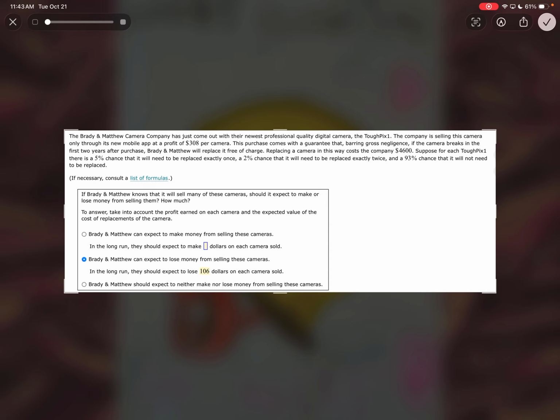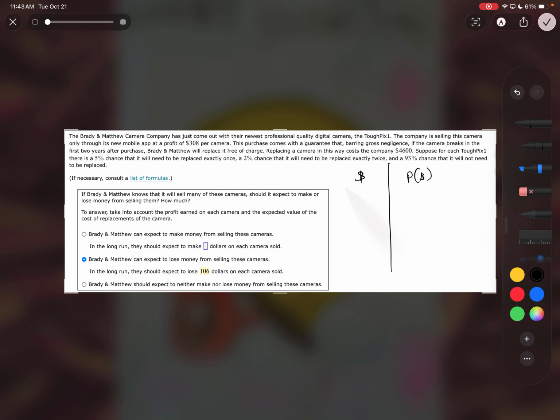On this one right here, I won't read it all, but they make a profit of $300 per camera. If the camera breaks in the first 2 years of purchase, they'll replace it free of charge.